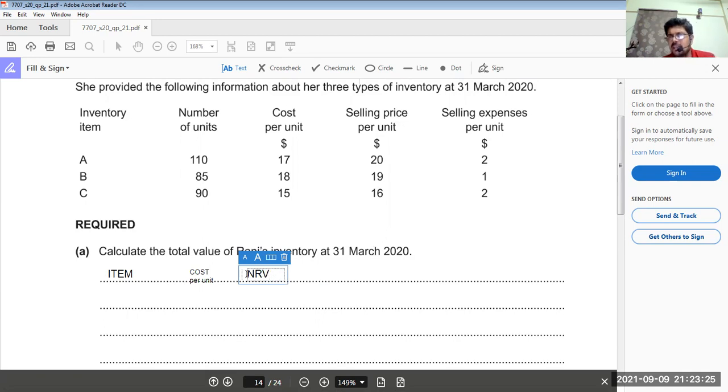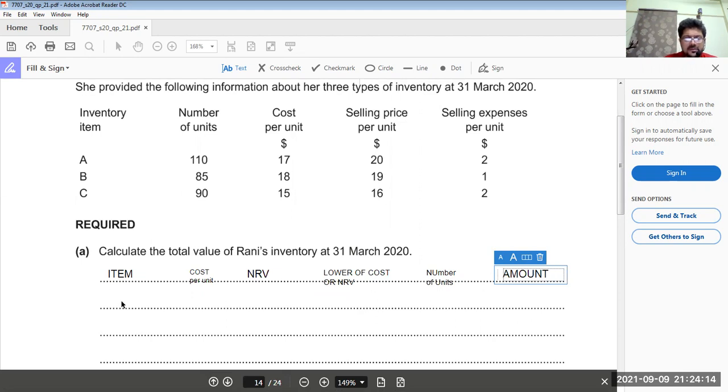Net realizable value. Then lower of cost or NRV. Then number of units. Then amount.